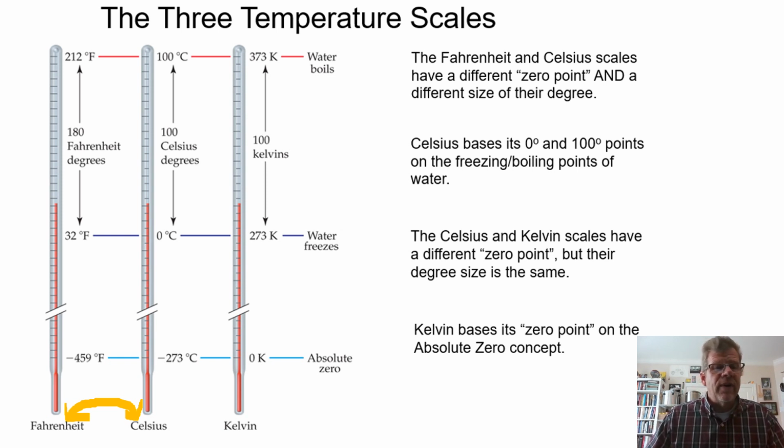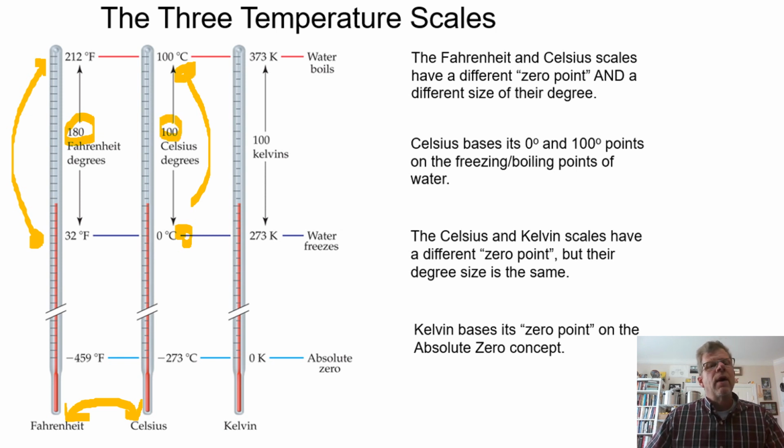So in Fahrenheit, water freezes at 32 degrees Fahrenheit and water boils at 212 degrees Fahrenheit. That's a 180 degree Fahrenheit difference. Whereas now on the Celsius scale, water freezes at 0 degrees Celsius and water boils at 100 degrees Celsius, giving us 100 degrees between the boiling of water and the freezing of water.